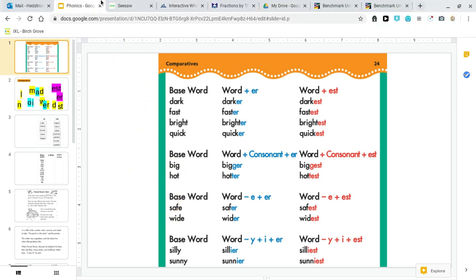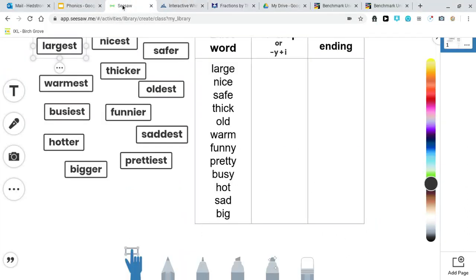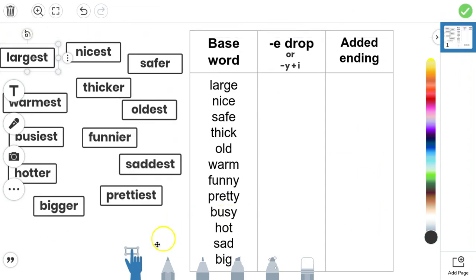So, today in your Seesaw activity, I have a bunch of words. I wrote the base word for all of them on the left. You have to tell me, is it a word where before you add the ending, you have to drop the E and add it, or drop the Y and add an I? Or is it a word you don't have to do anything to?